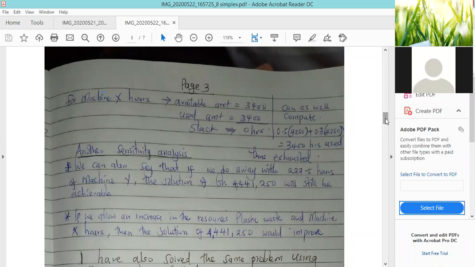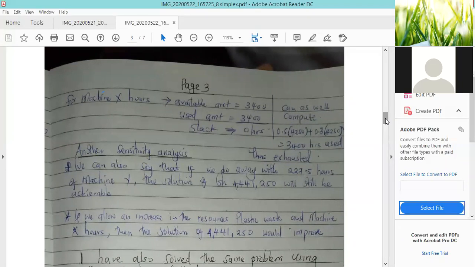The same happens to machine X. The machine X, if we were to allow an increase of 850, the objective function would actually improve. But if we allow a decline, then the objective function would have its value going down. And finally, for machine Y, we need not increase it at all, because we haven't even exhausted it.